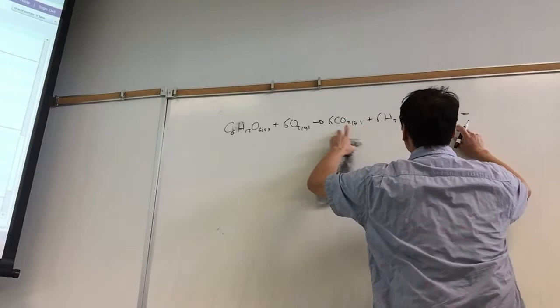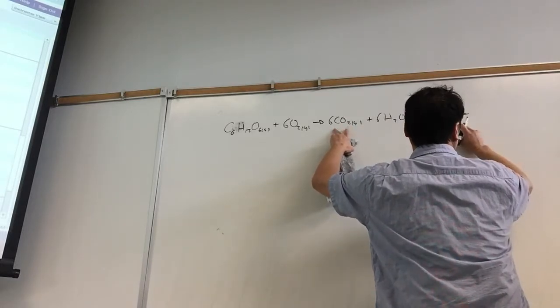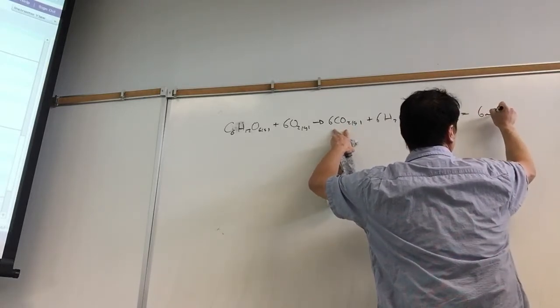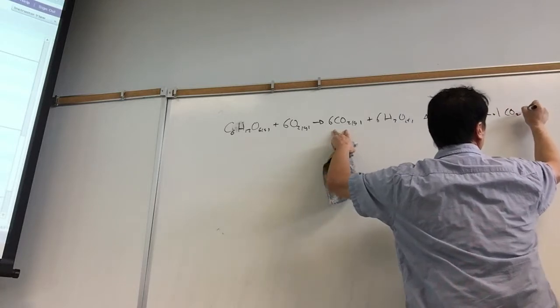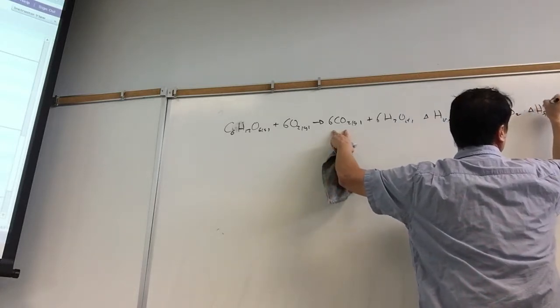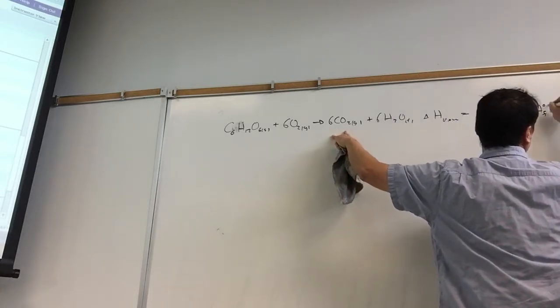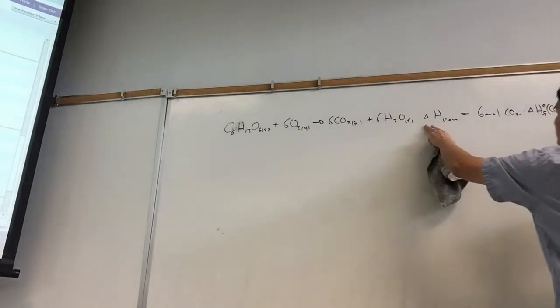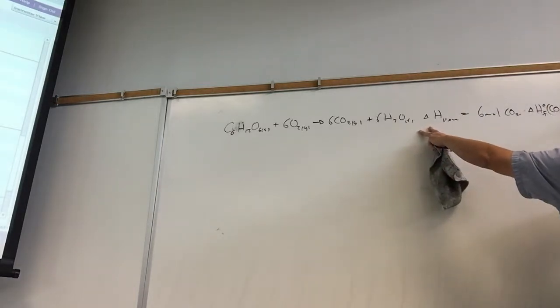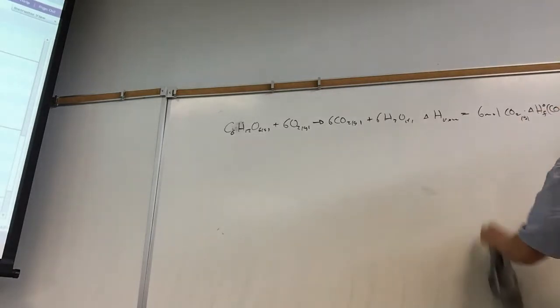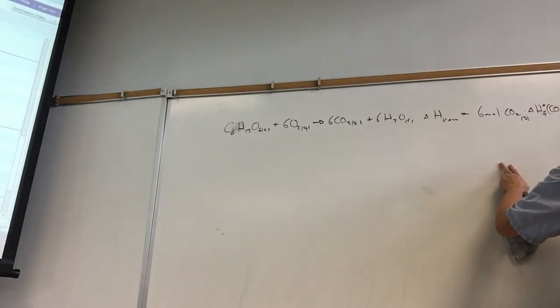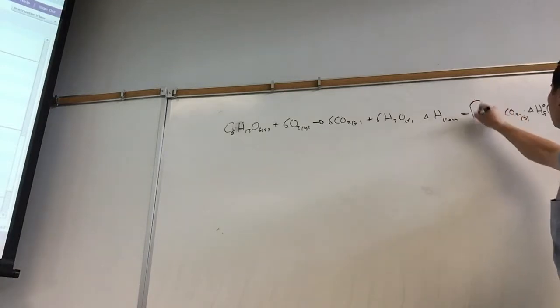Delta H of the reaction is going to be the sum of the delta H's of formation of the products. So 6 moles of CO2 times the delta H formation of CO2 gas, the states matter, plus 6 moles of H2O liquid times the delta H of formation of H2O liquid. That's my products.